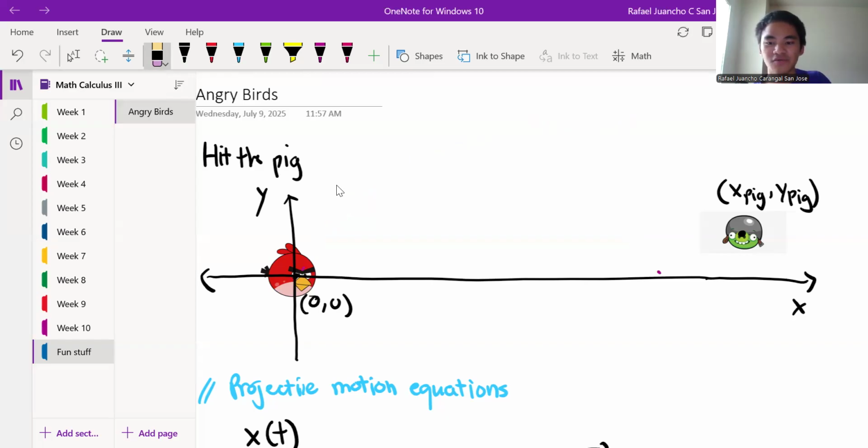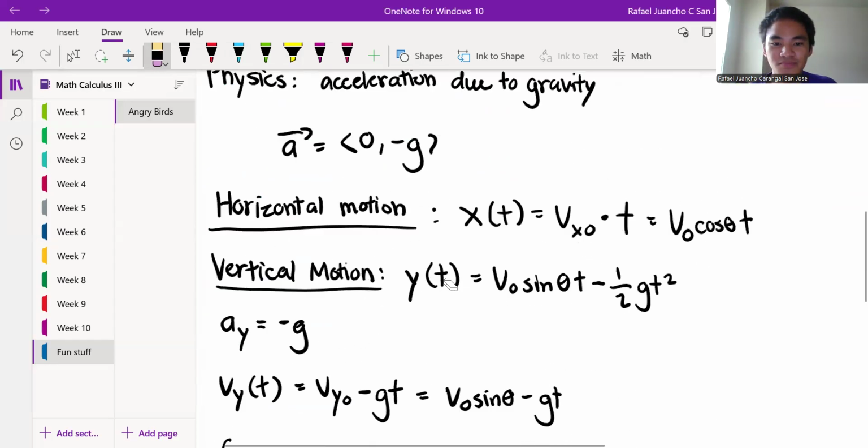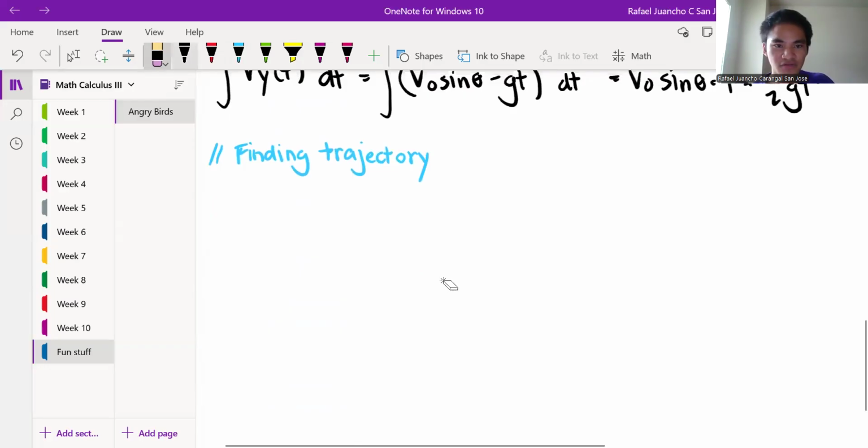So ideally, we want our trajectory to hit the pig. So probably something like, I don't know, like that. And then it hits the pig. And then we win, right? But that's not always the case. So that's also one thing we need to find: some formula for getting the trajectory, not just the position of the bird.